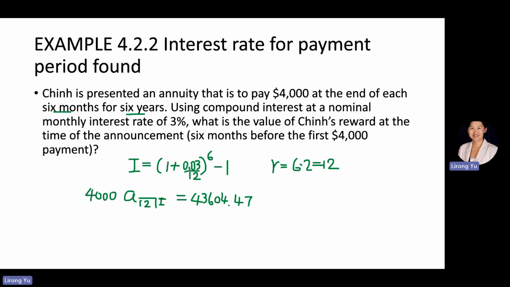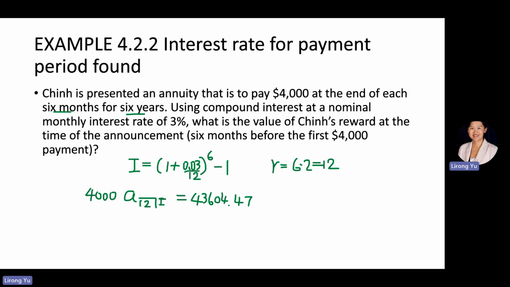So this question is calculating the present value of an annuity. $4,000 has to be multiplied by the annuity formula a angle 12 at rate i. Now this i is not the monthly interest; it actually should be the annuity interest.